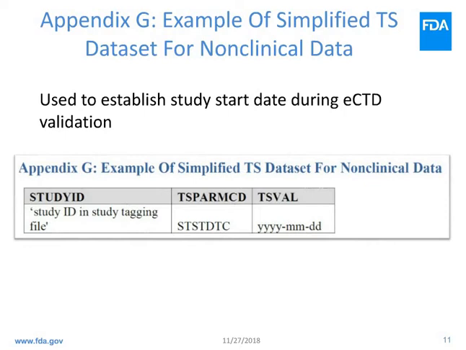Appendix G is example of simplified trial summary data set for non-clinical data. And again, this one-line trial summary is used for the sole purpose of establishing a study start date. Here are the 3 variables, and here's how those variables should be populated.